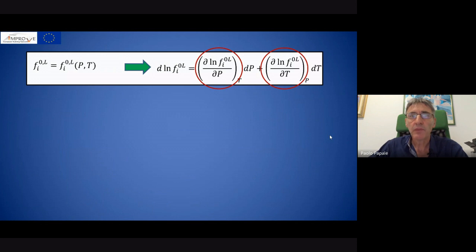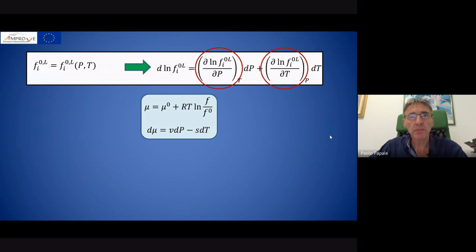We can find exact expressions for that by just employing relationships that we know very well, namely the expression for the chemical potential in terms of fugacity and the differential expression of the chemical potential, recalling again that the chemical potential corresponds to the molar Gibbs energy. If you need to refresh your minds, have a look back at lesson number 2.